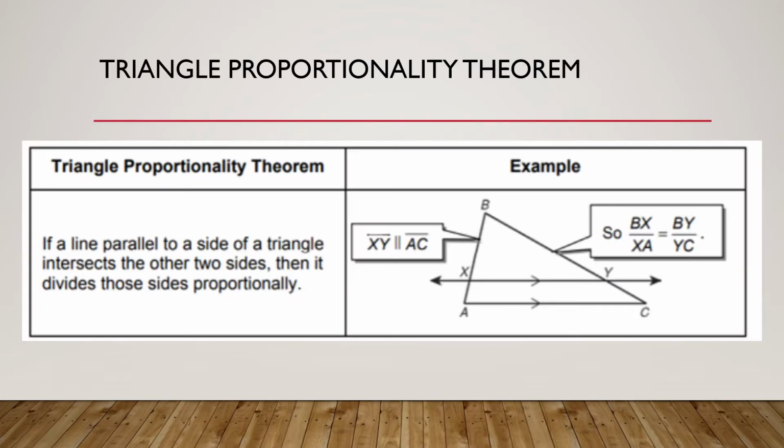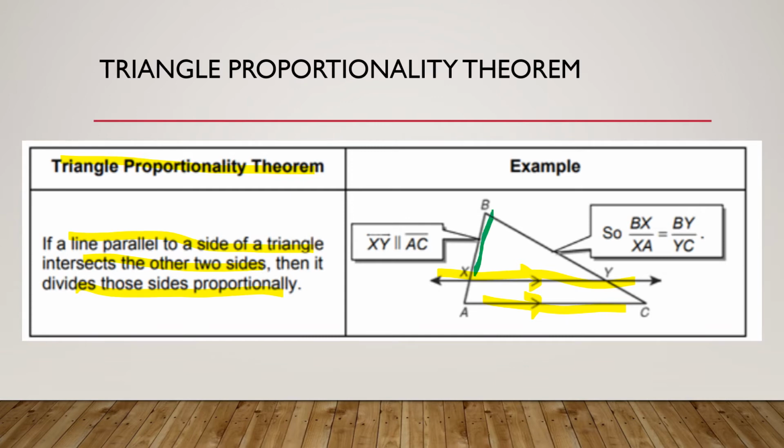So the first theorem we're going to talk about is the triangle proportionality theorem, which says that if we have a line that's parallel to the side of the triangle and it intersects across, we divide those sides proportionally. So here we know that XY is parallel to AC, and these little arrows give that away. So because of that, it now divides the sides proportionally.